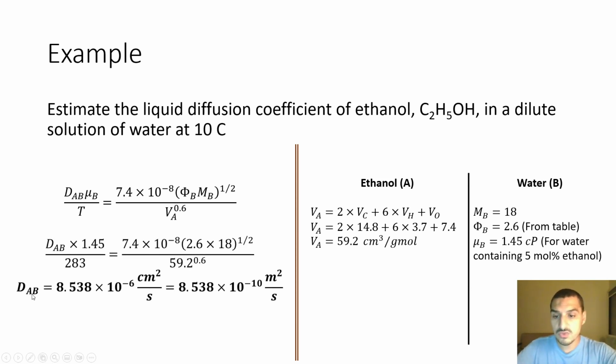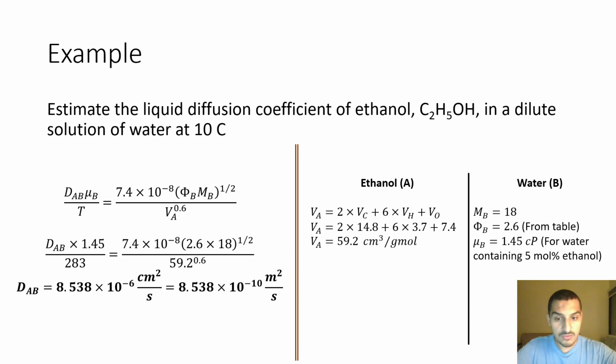By direct substitution, we will find that this diffusion coefficient is going to be 8.5 multiplied by 10 to the power minus 6 centimeters squared per second, or 10 to the power minus 10 if it's meters squared per second. This agrees with the ranges that we mentioned before we started the calculations of the diffusion coefficient.